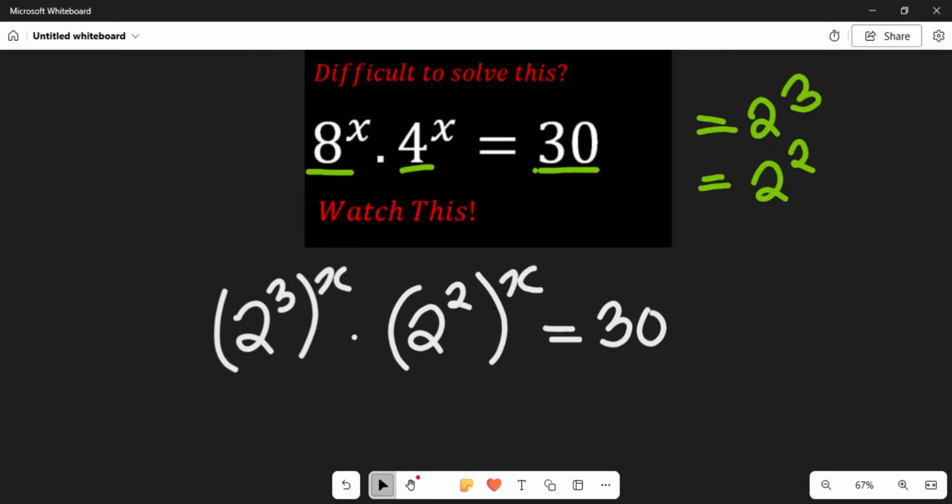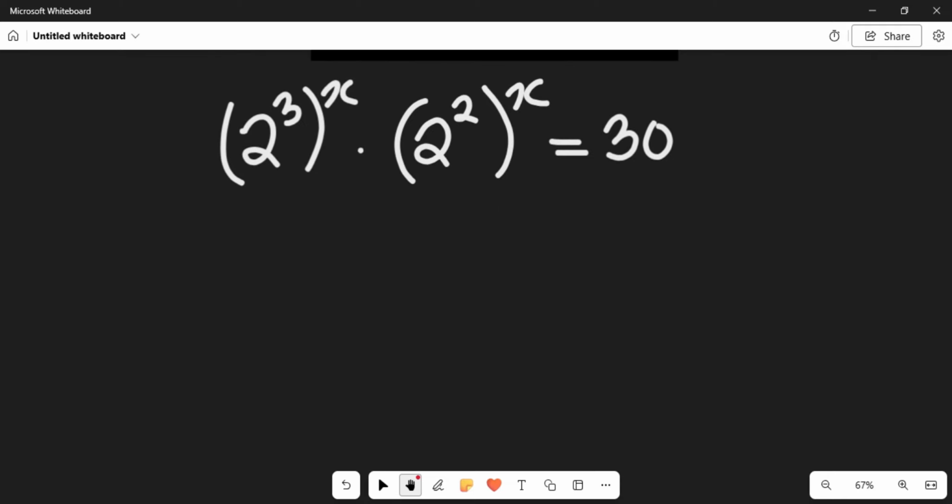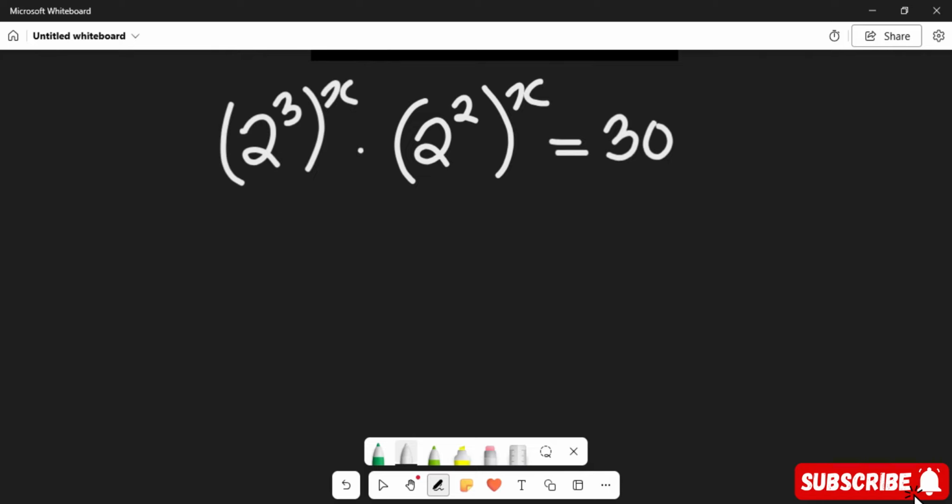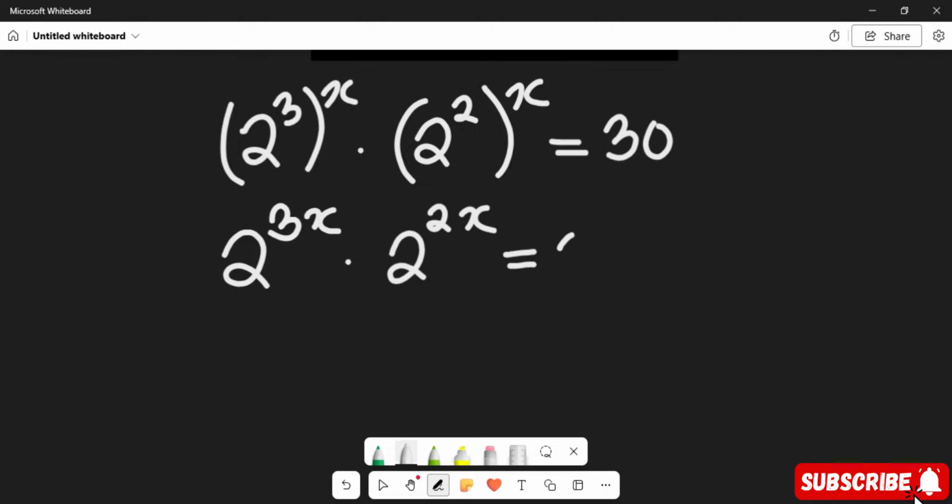Now, having this, you can know that this expression can be simplified further. If we simplify this expression further, we'll have 2 to the power of 3 all to the power of x, and then the exponent will have to multiply, 3x. So this expression is now going to give us 2 to the power of 3x multiplying 2 to the power of 2x, and this will be equal to 30. Good.